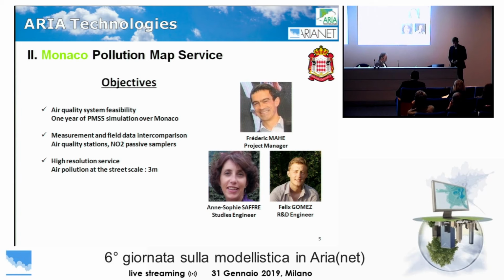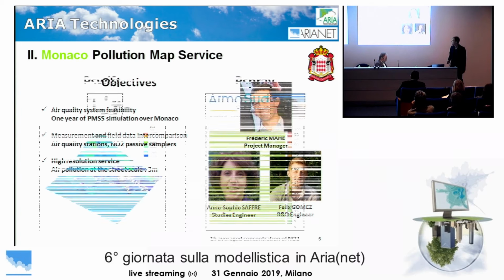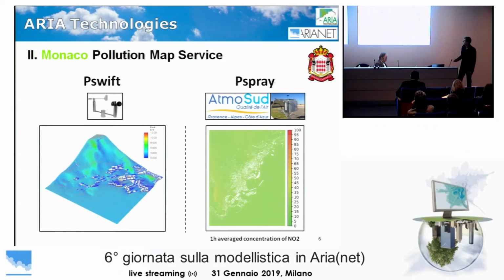The goal of this map is to show that it's feasible to have a real-time system. For this project, we are using both PSwift for the estimation of the micrometeorology and PSpray to estimate the dispersion of pollutants coming from the traffic.